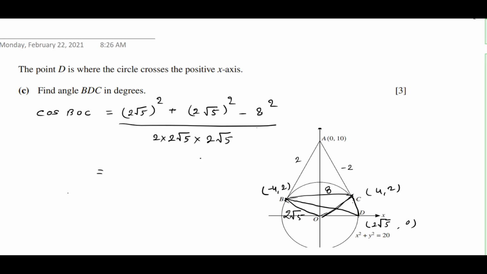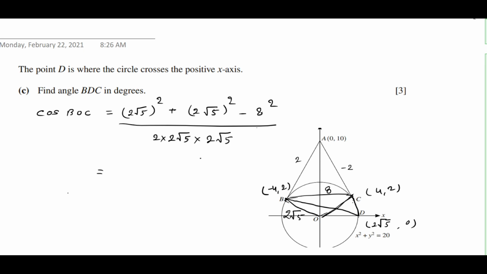So (2 root 5) square, 4 times 5 is 20, 20 plus 20 is 40, 40 minus 64. Something is incorrect. R square is 20.